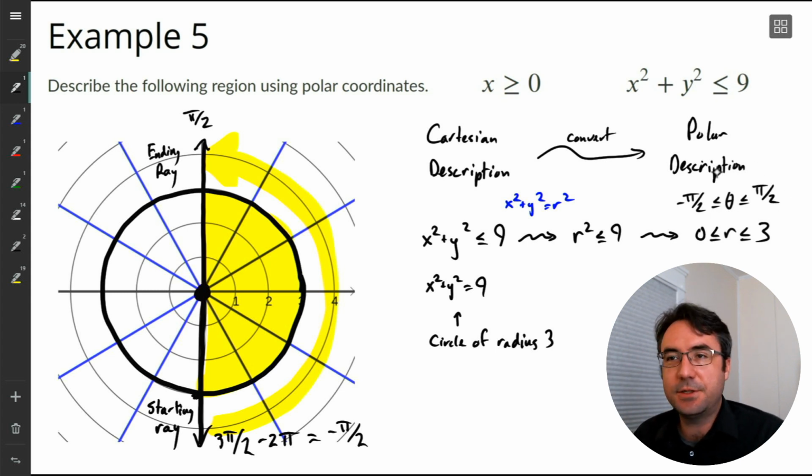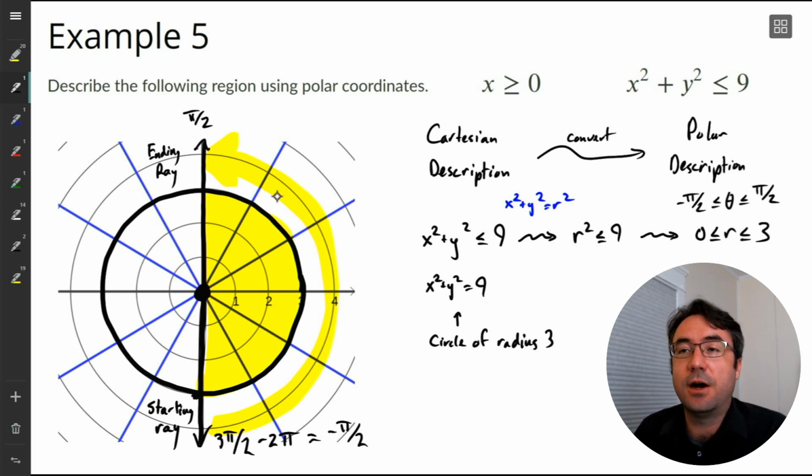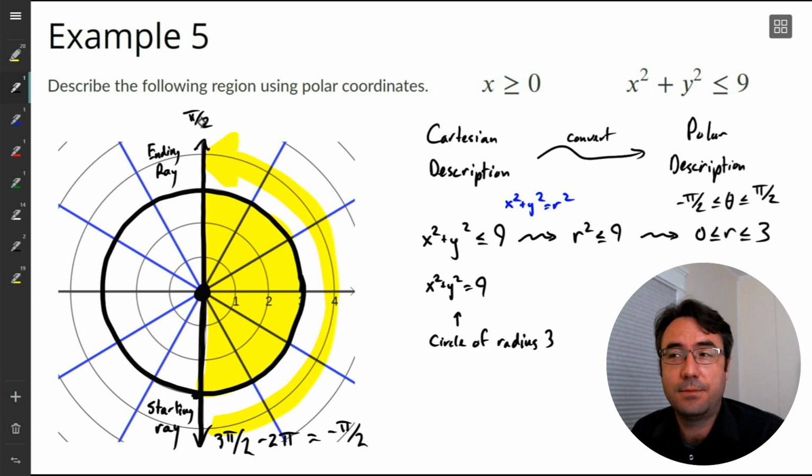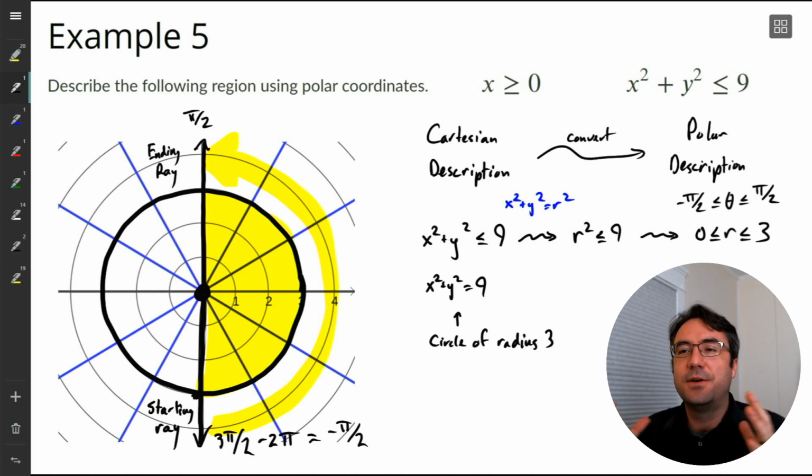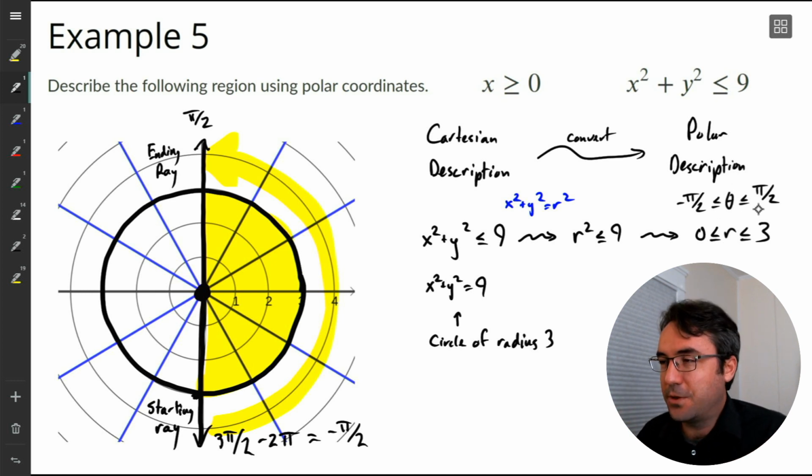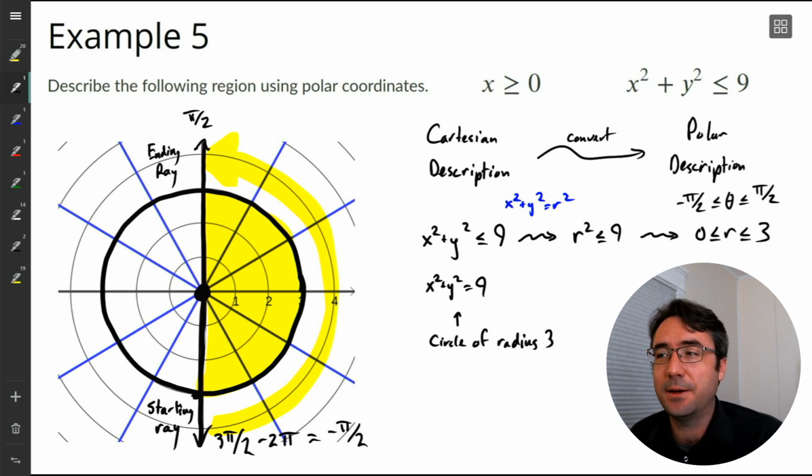Now you could add 2 pi to both sides here, that's another way to go about it. So we could have started with 3 pi over 2 and gone to 5 pi over 2. Perfectly fine. Sometimes it's easier to keep the theta values as small as possible, or as close to 0 as possible, rather than having larger and larger multiples of 2 pi in there.